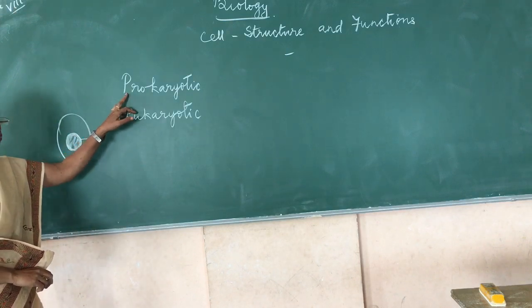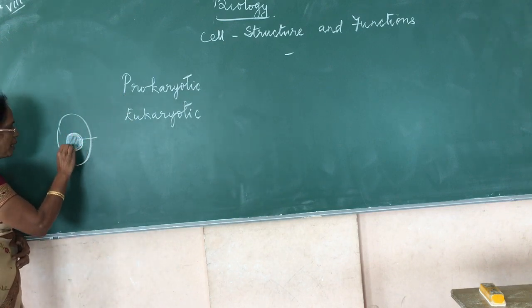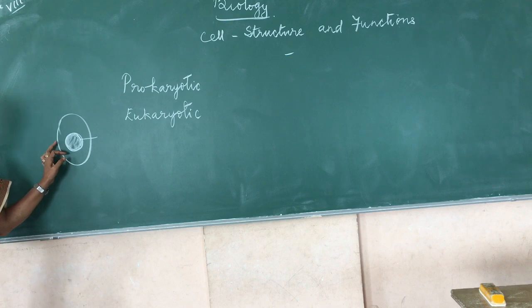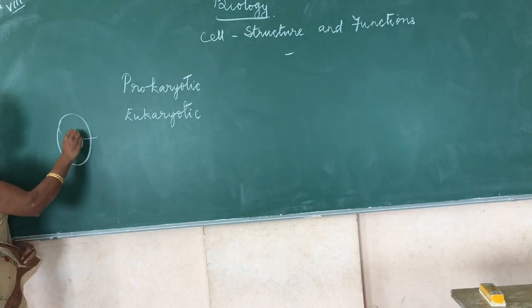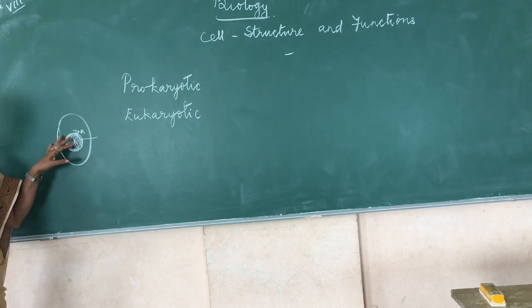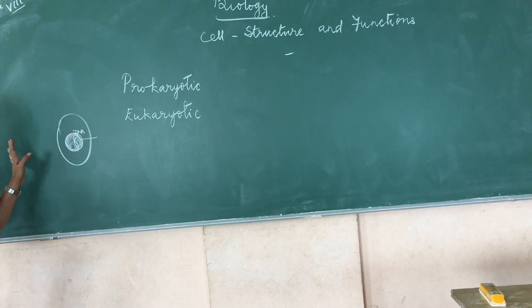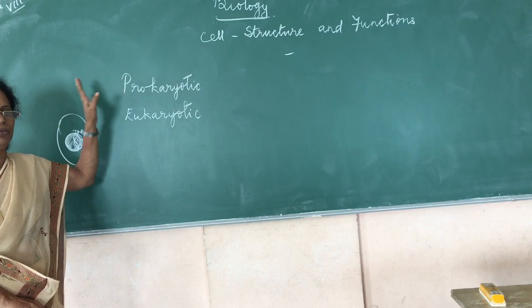In primitive prokaryotic cells, there is no definite nuclear membrane. You have to remember that. Then the chromosomes or DNA are present scattered, not within a nuclear membrane. That is the difference. This is found only in bacteria and blue-green algae.